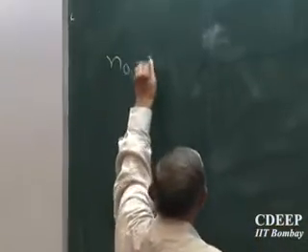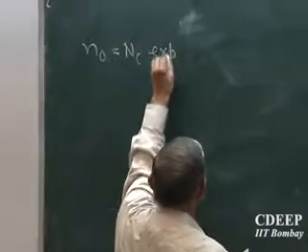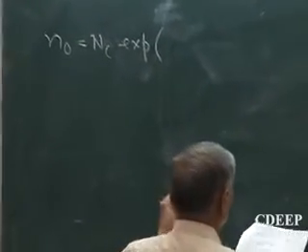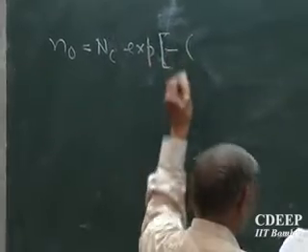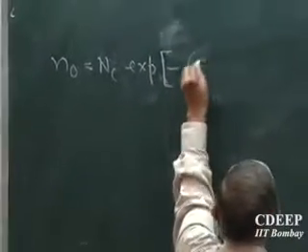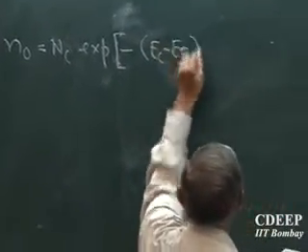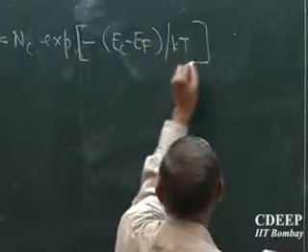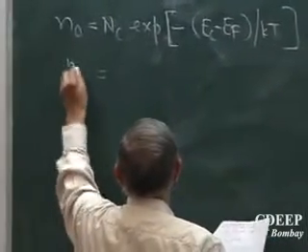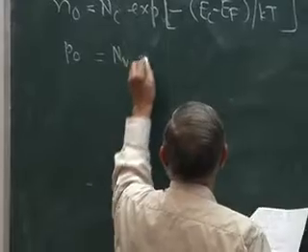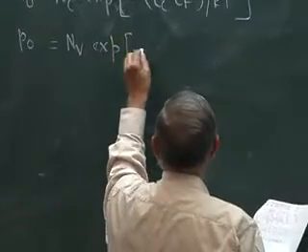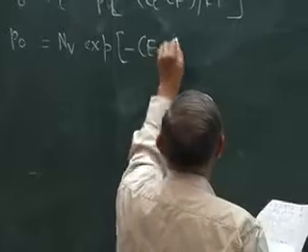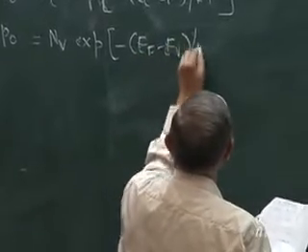To start with, the expression which I wrote, N0 is Nc exponential minus (Ec minus EF) by KT, and P0 is Nv exponential minus (EF minus Ev) by KT.